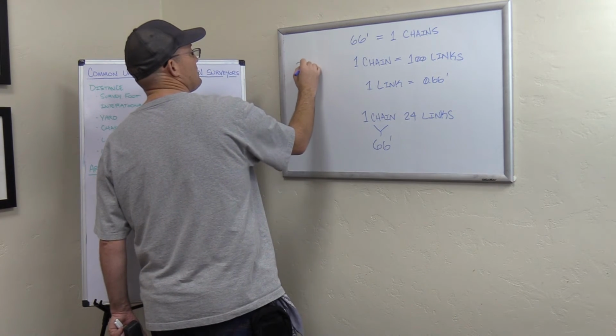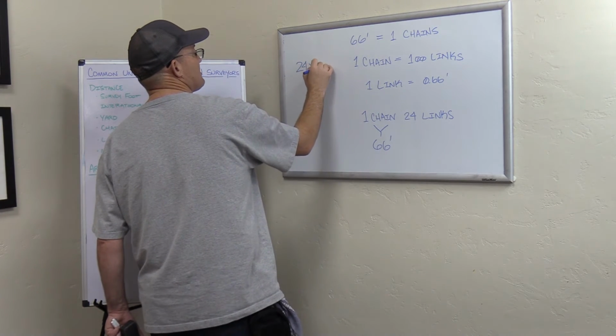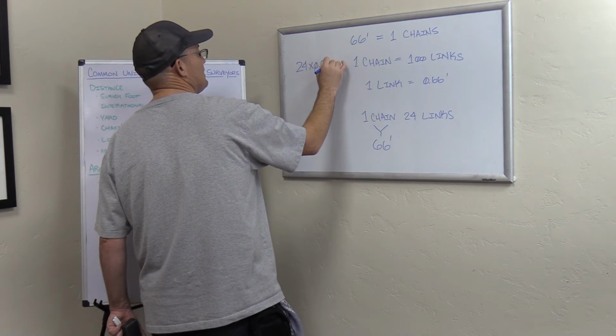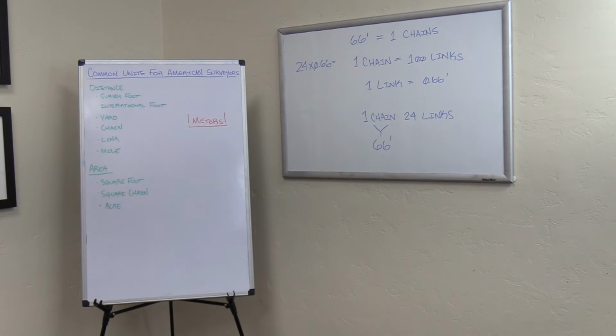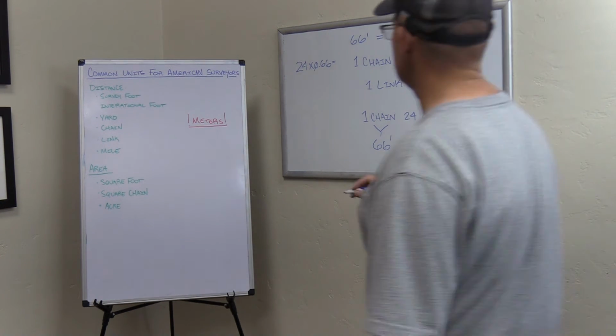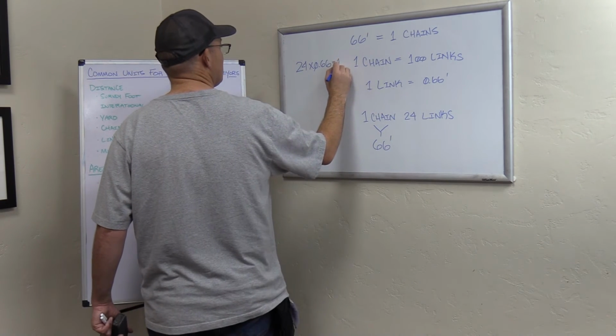It's really simple. We take 24 times 0.66. That's going to tell you how many feet we get. I'm tired, so I'm not going to do that math in my head. That's 15.84 feet.